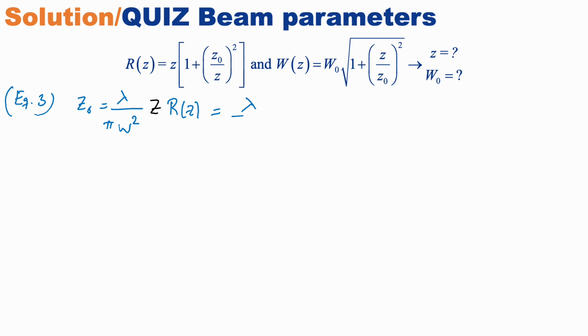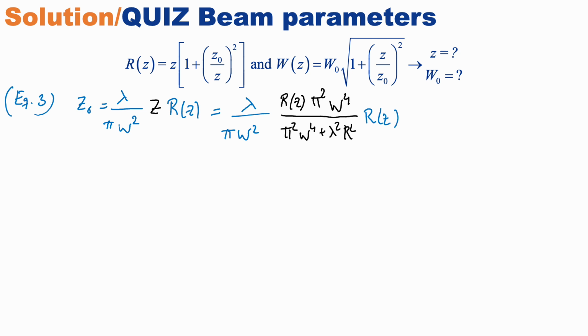So I'm gonna place now our new equation from before, so that's gonna be the radius of the curvature pi square 4, and we have here our radius of curvature.